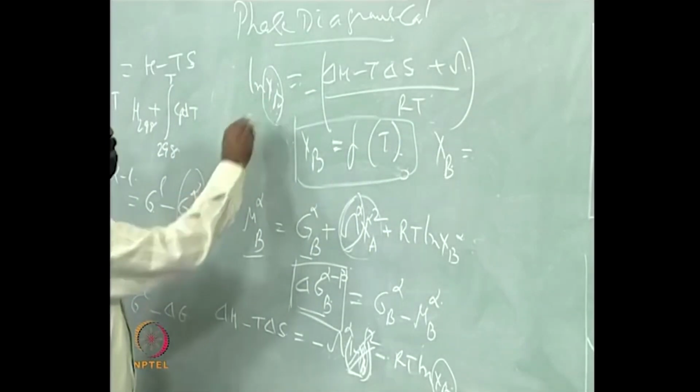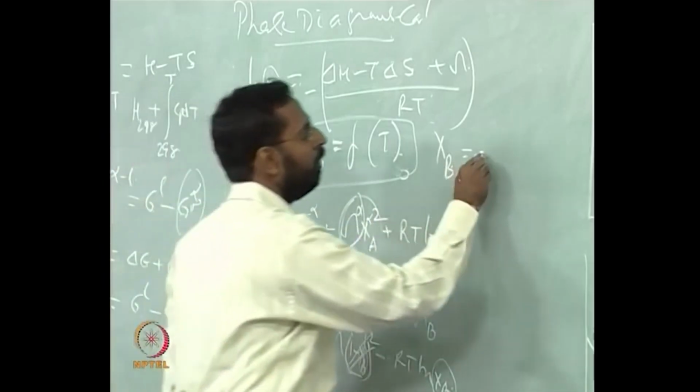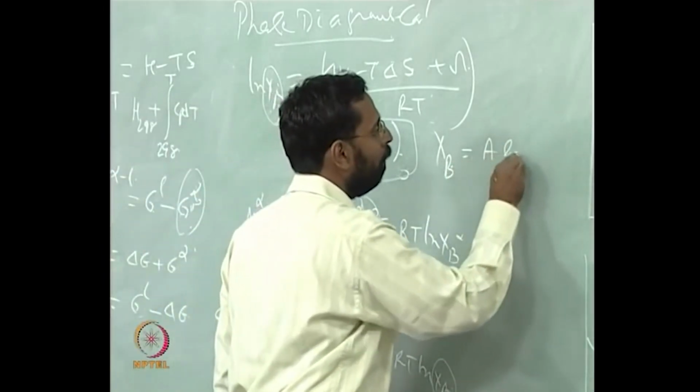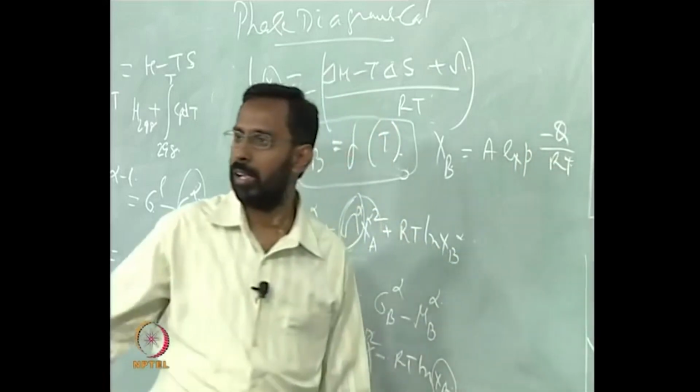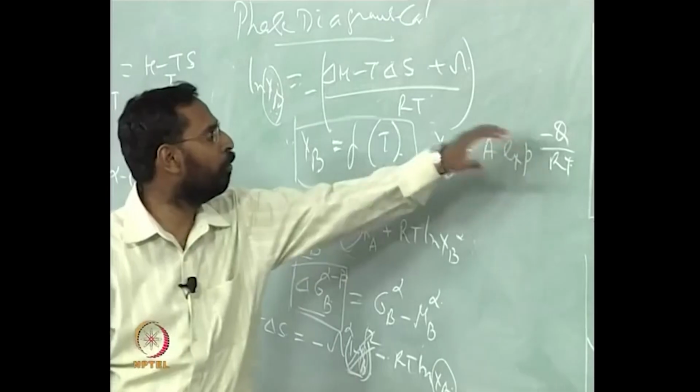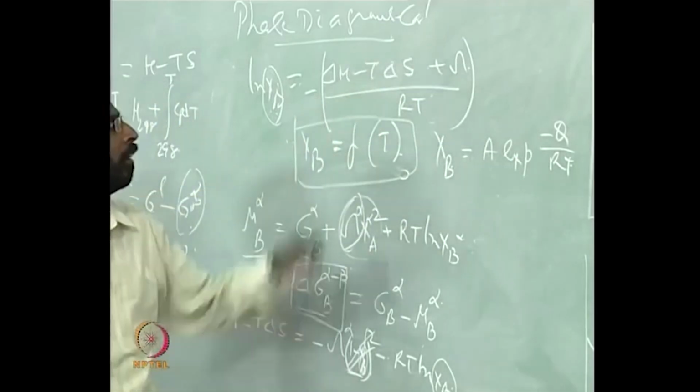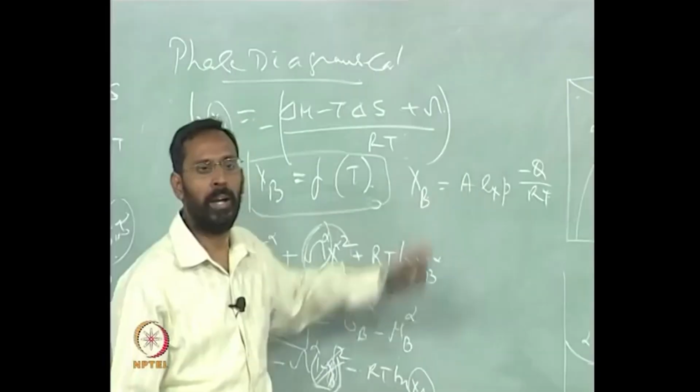So, you can write xb is basically exponential. You will get a pre-exponential term and exponential minus Q by RT. You will see that Q can be in terms of delta H and omega.